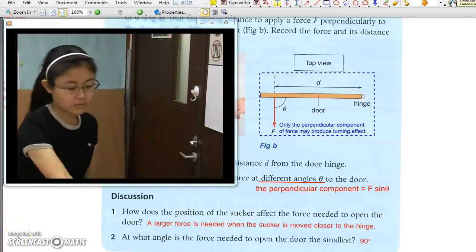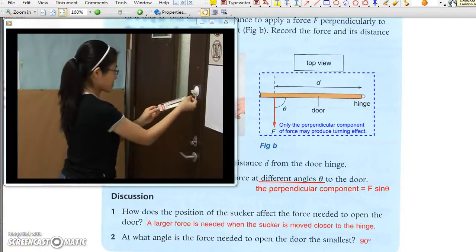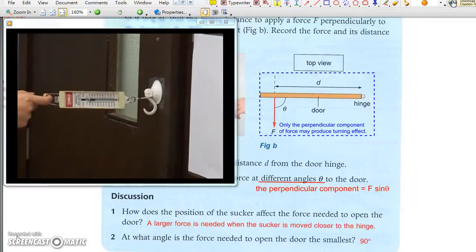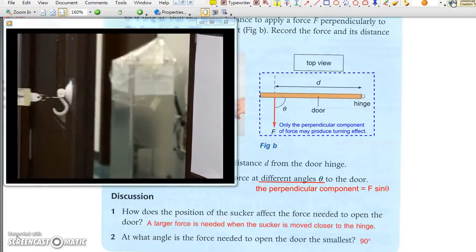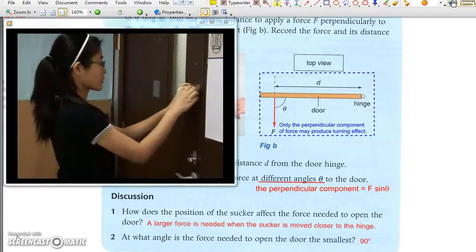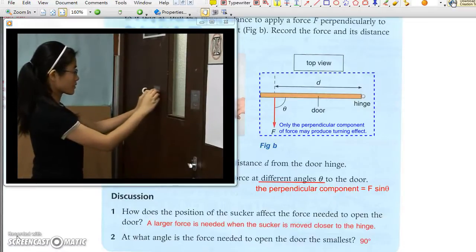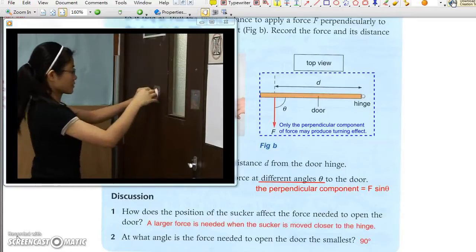The position of the sucker affects the turning effect. At the beginning of the video, the pulling force is applied further from the hinge. The turning effect is large. Then the sucker is closer to the hinge, and a larger force is needed to open the door.